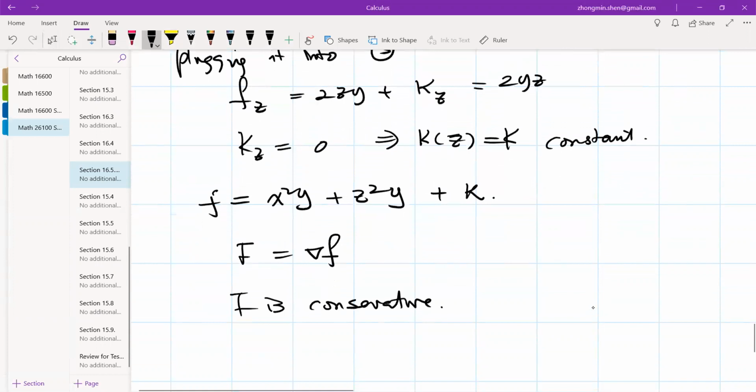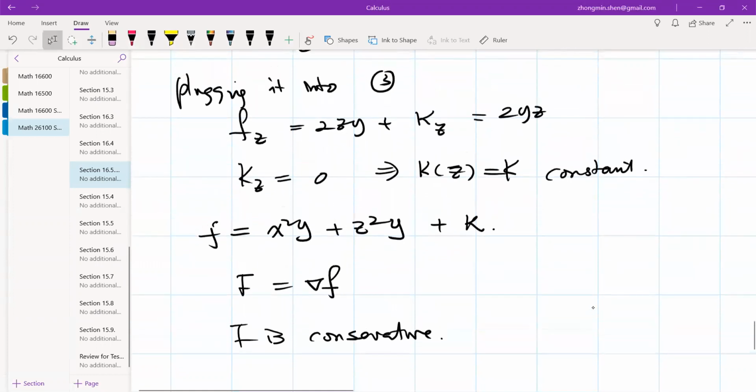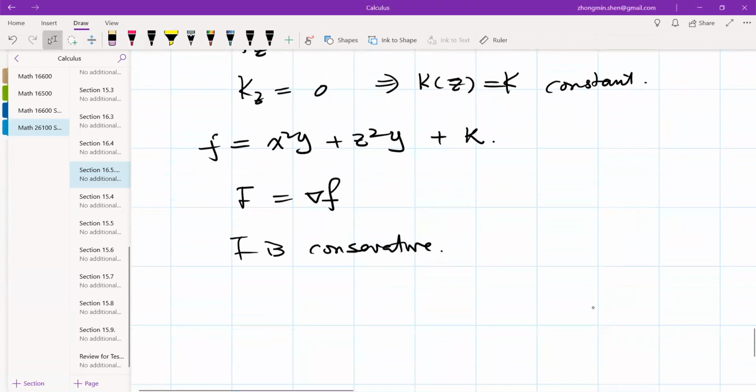Based on my calculation here, when you integrate with respect to x or with respect to y, you have to be careful about the domain.